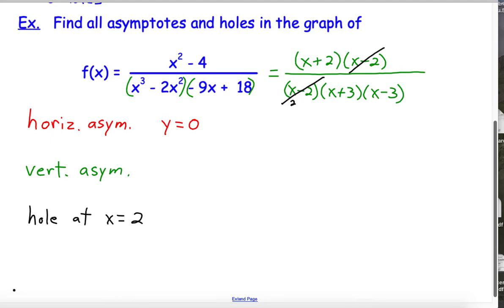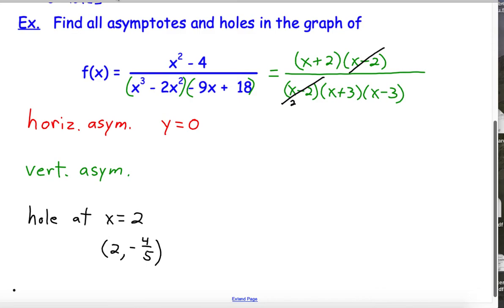And I can actually find the coordinates of that. It's going to be at 2, comma. Now if I plug in 2 to my function after those are canceled, I'm going to get 2 plus 2 in the numerator. In the denominator, 2 plus 3 is 5. 2 minus 3 is negative 1. So I'm going to get negative 4/5. So that's exactly where the hole is in my graph.